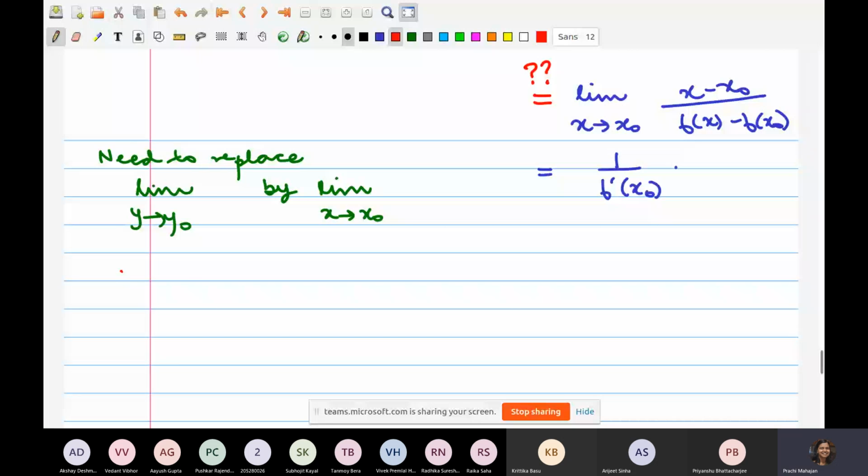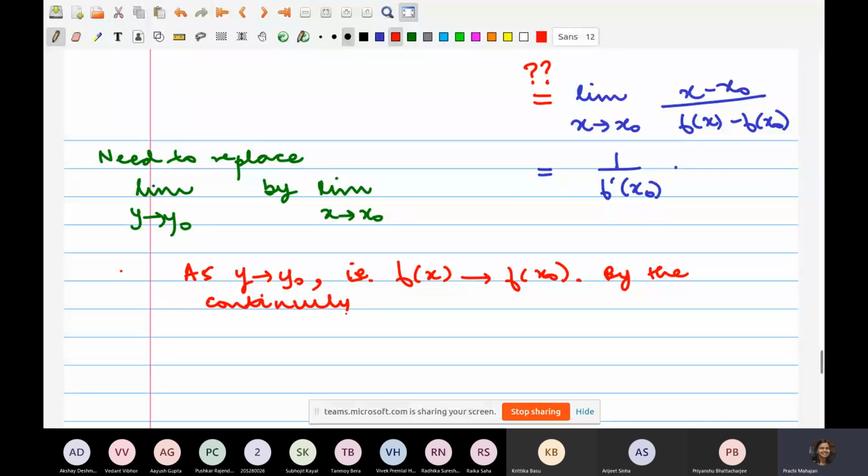As y goes to y naught, that is, f of x goes to f of x naught, by the continuity of the inverse function it follows that x goes to x naught, right? So one can do this. So this equality here would be justified.